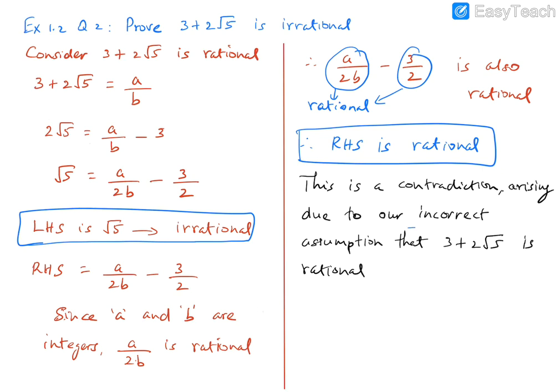So that's our incorrect assumption, and we have to make that correction. The correct assumption would have been that 3 plus 2 root 5 is irrational.